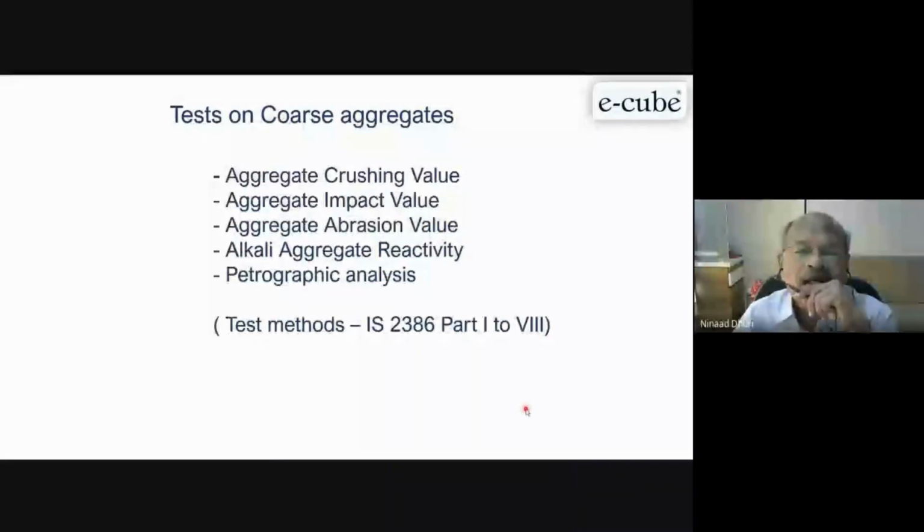All the test methods for how to test the aggregates, both fine as well as coarse, are given in IS 2386 part 1 to part 8. I think this is one of the codes every civil engineer must have, especially those really interested in concrete or concrete technology.